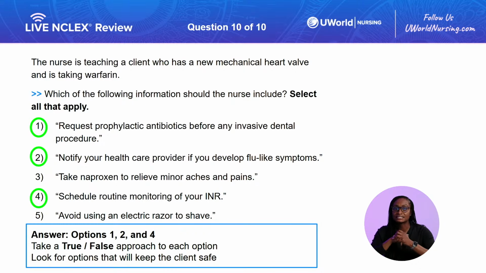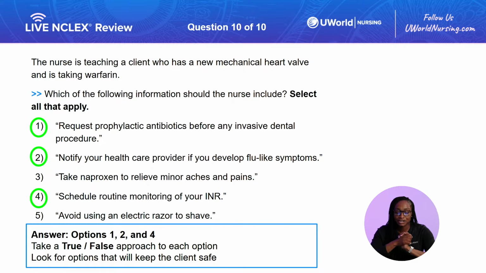And then option 4, schedule routine monitoring of your INR. This is just something that we always do when the client is on warfarin, because that warfarin has that narrow therapeutic level. So we try to make sure that we stay within that level and that range, usually between 2 and 3. So that's frequent monitoring of that INR level.